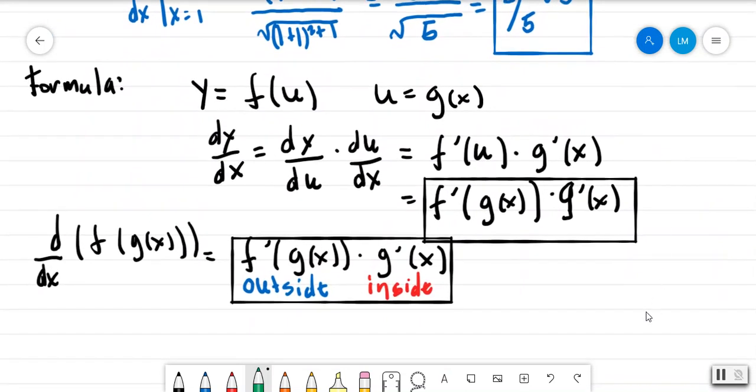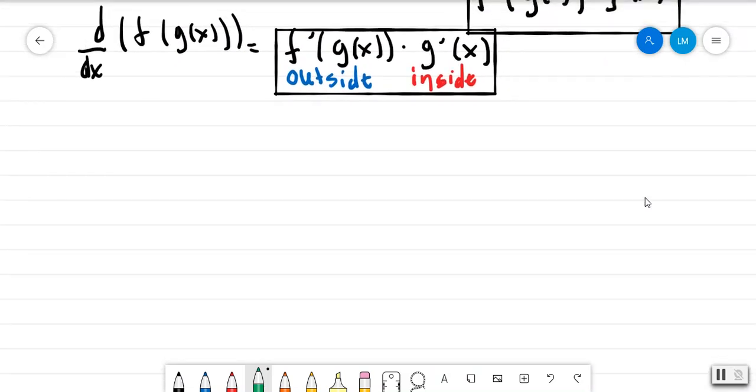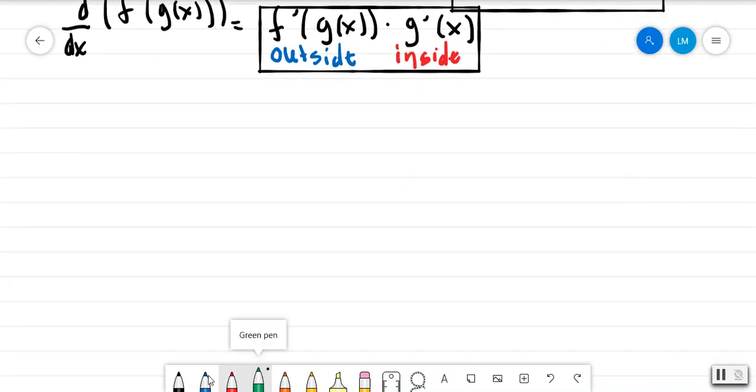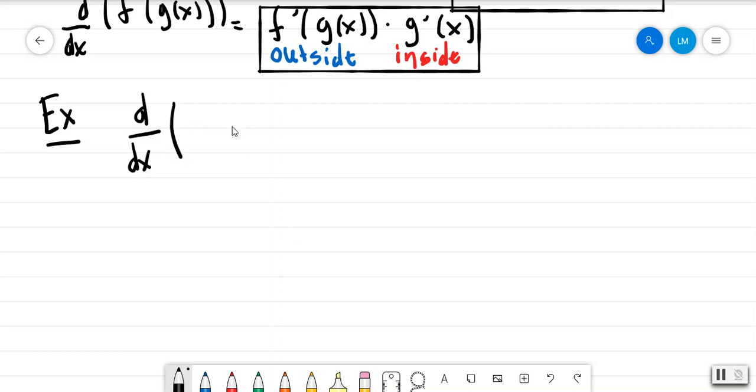Okay, so let's try an example. A typical question that you might see in class or on a test is taking the derivative of the following: 1 divided by the square root of x squared plus 1.